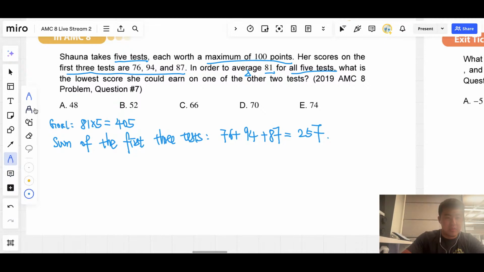So let me change my pen's color. I will do this one in green, okay? So I will say, wait, this is not my pen. Okay, this is my pen. So let me change it to green. Good. So now I will write the sum of the score needed for the last 2 tests.